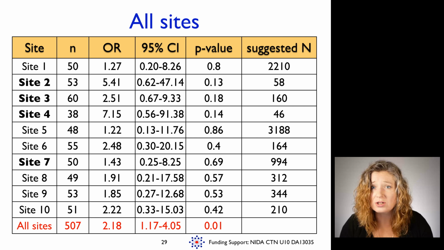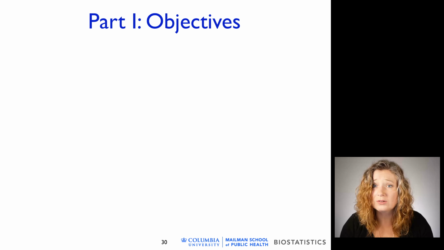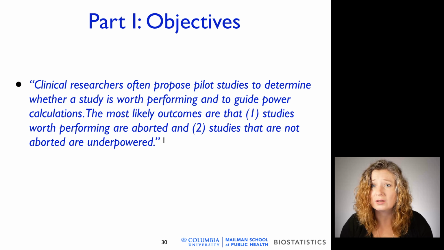Because the expectation would be that the same odds ratio as I observed, for instance, in site 2, 5.41, would repeat in a large RCT. But what are the chances of that? The chances are very small. So let's go back to what Helena Kramer said. Helena Kramer said, clinical researchers often propose pilot studies to determine whether a study is worth performing and to guide power calculations.